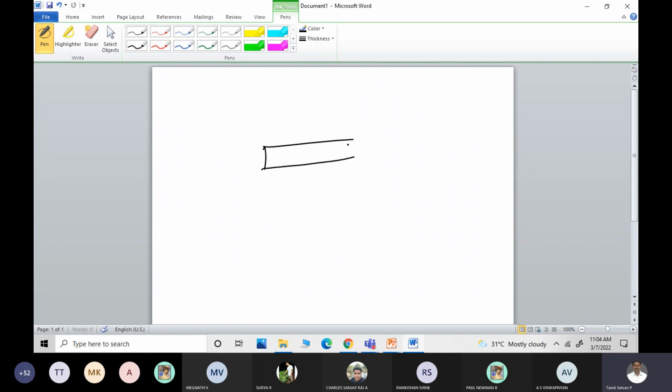Imagine that you have a flat plate here, and up to a particular point x from the leading edge. So this is the overall length L. The local heat transfer coefficient is the one which is specific to a particular point, whereas the average heat transfer coefficient from 0 to x is taken as h bar.